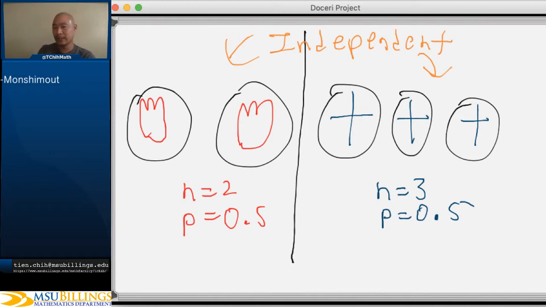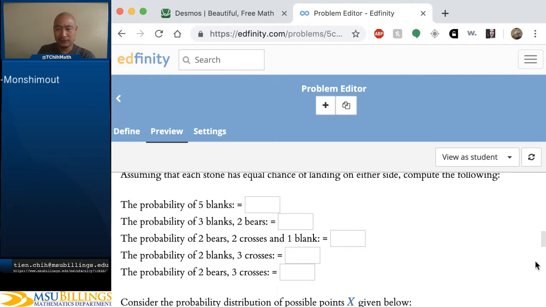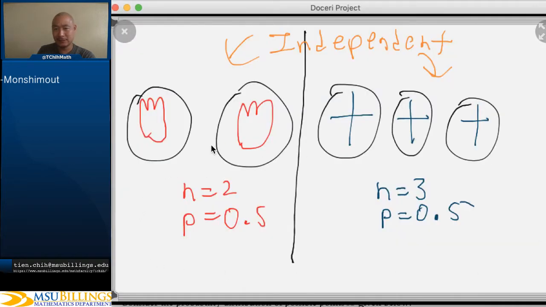So we have two independent binomial trials going on. And so if you want to compute any of these six probabilities here, the thing to think about, like for example five blanks, is to look at the two sides and say, okay, in order to get five blanks, what has to happen here?